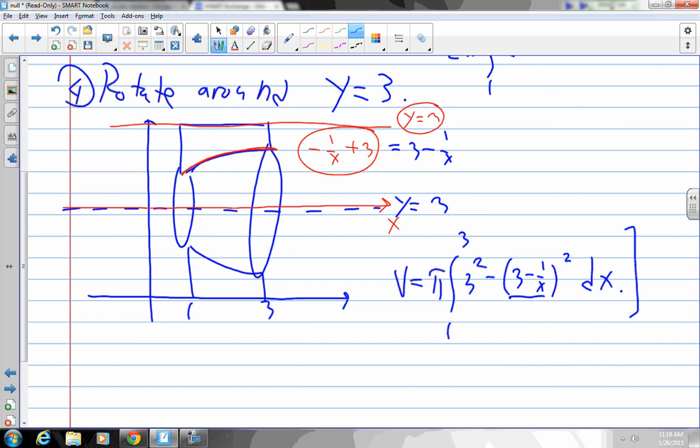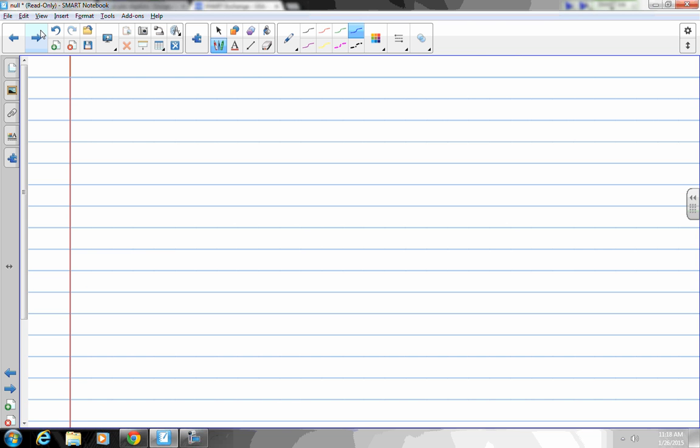Yeah, right. So we just, when you slice along the axis of revolution. Now, let's rotate around x equals 5.